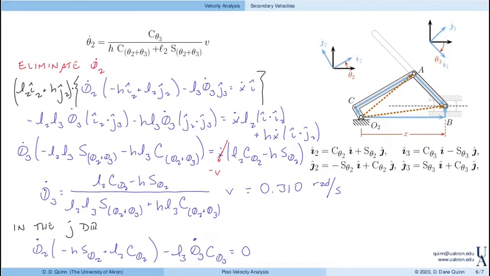And so once again, I would find that theta 3 dot, by solving this, is equal to 0.310, because theta 2 dot we found was 0.184 radians per second.